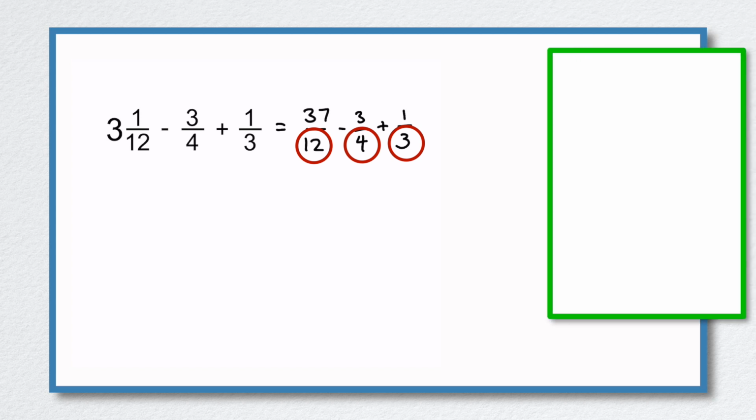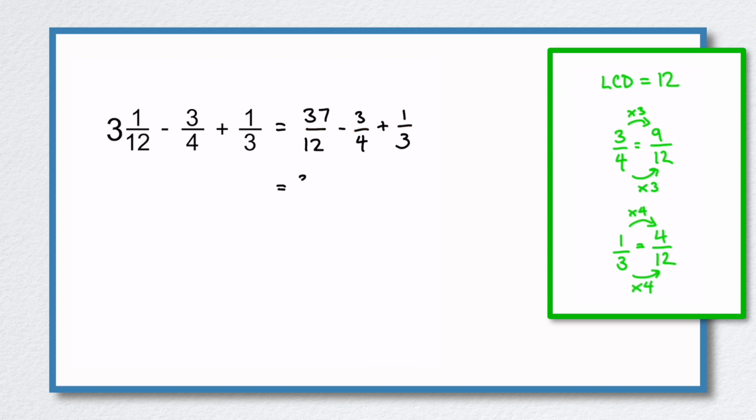So our lowest common denominator is actually going to be 12. So all that we need to do is to write 3/4 as a fraction out of 12, which is 9/12, and 1/3 as a fraction out of 12, which is 4/12.